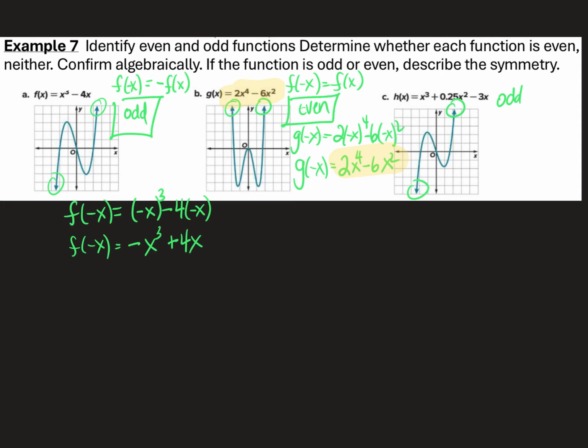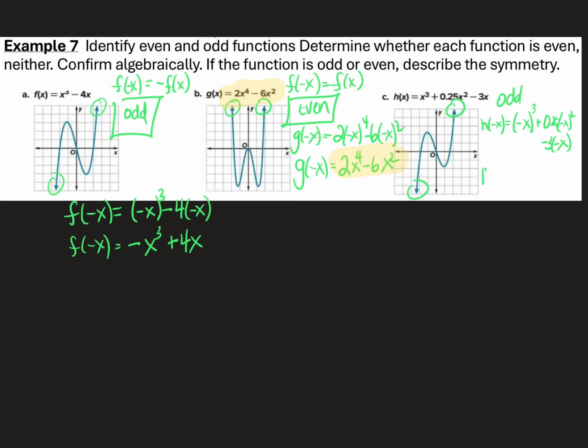Now let's try letter C. I think it's odd, but we're going to work it out and see if it is. We'll see if the mathematics works. So I'm going to do h of negative x. I'm going to have negative x raised to the 3rd power plus 0.25 times negative x raised to the 2nd power minus 3 times negative x raised to the 1st power.